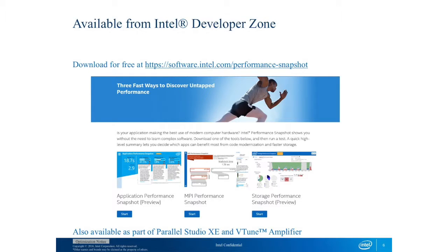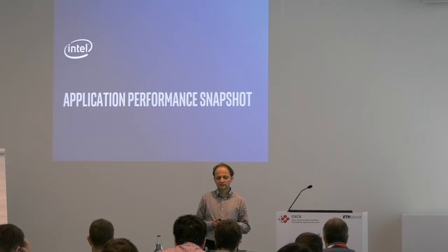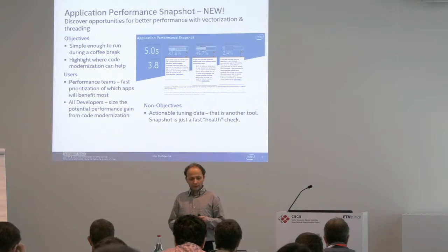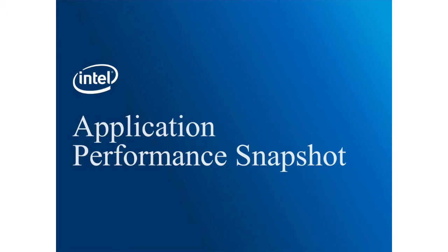And you can see in the first part, in this application performance snapshot, here is just mentioned that you can download it separately. You can see the URL on top of the slide. And the performance snapshot is basically something that gives you the intranode utilization.